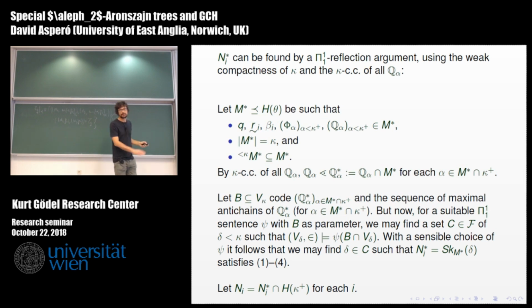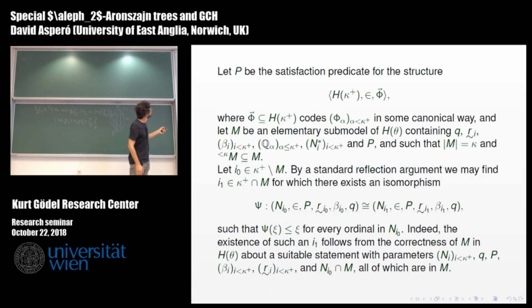I fix these N_i's now, and I look at the satisfaction predicate P for this structure, where I'm coding everything relevant. Now I take another elementary submodel M of H theta that contains all of these objects, has size kappa, and is closed under less than kappa sequences.